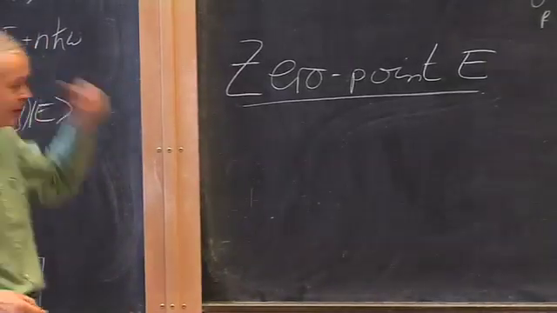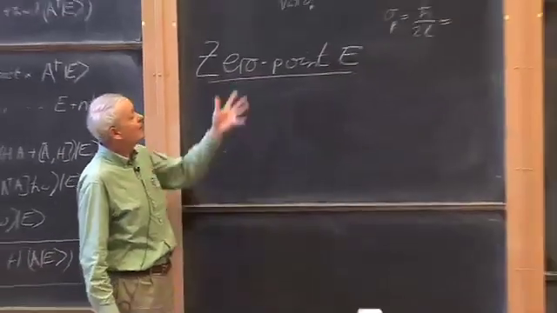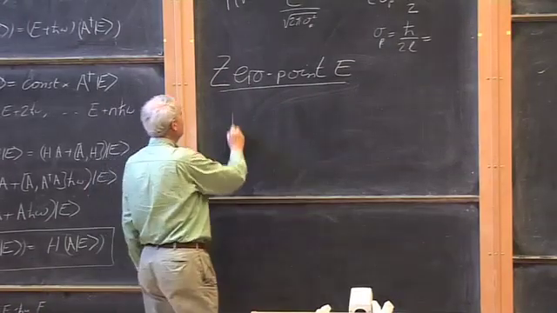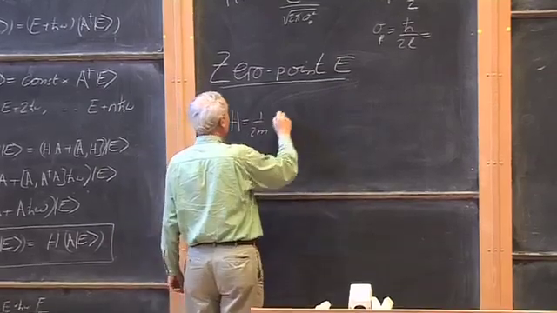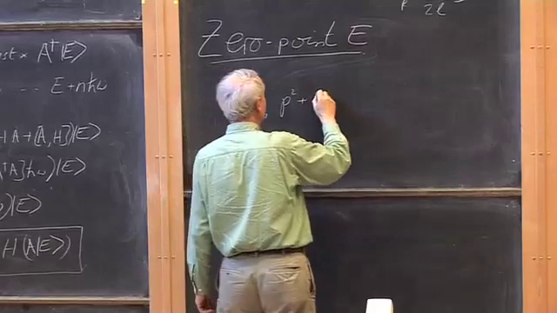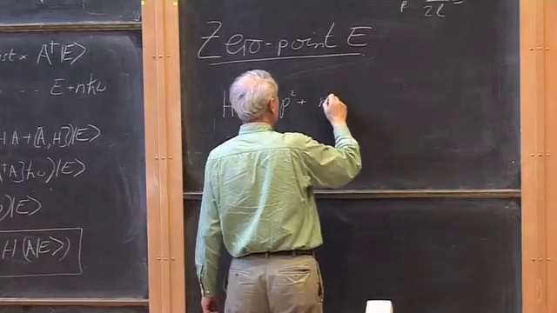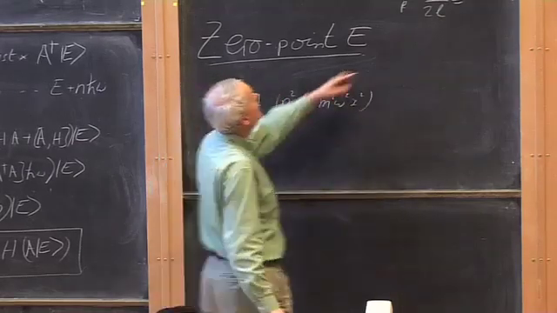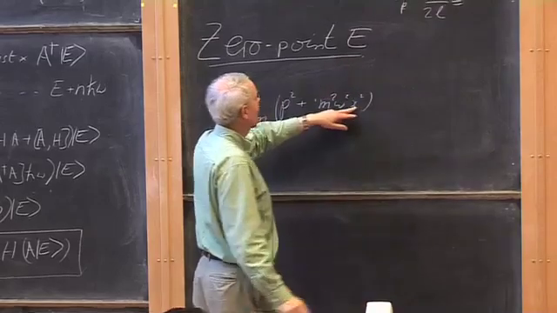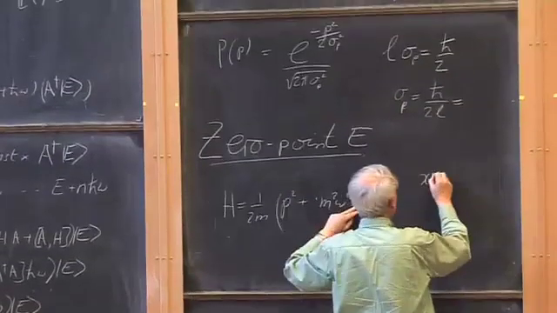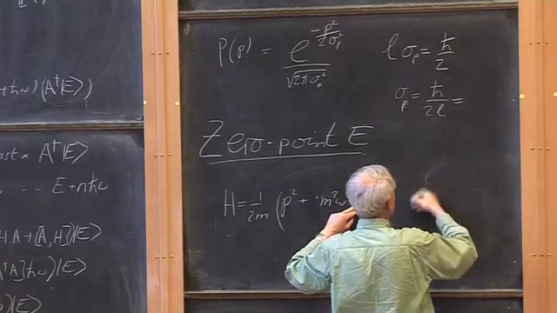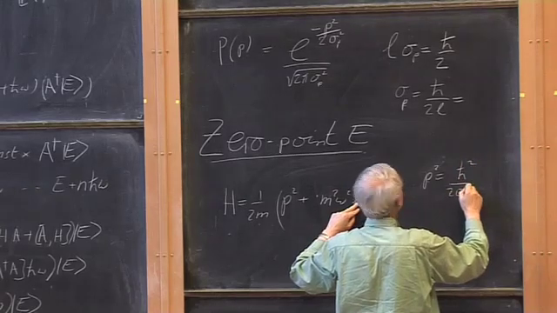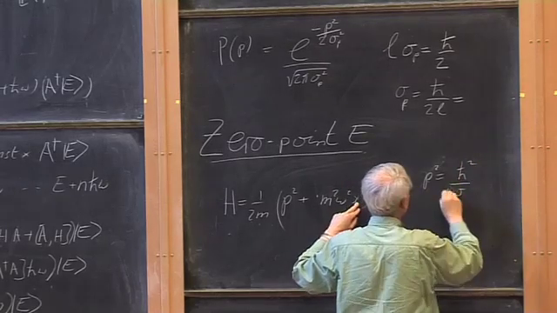So this zero-point energy phenomenon is extremely general and enormously important. And here we have the simplest, the classical example. If we say H is equal to 1 over 2m of p squared plus m squared omega squared x squared, and we put in the uncertainty relation, we say that p squared is equal to h bar squared over 4x squared, because I've squared it.